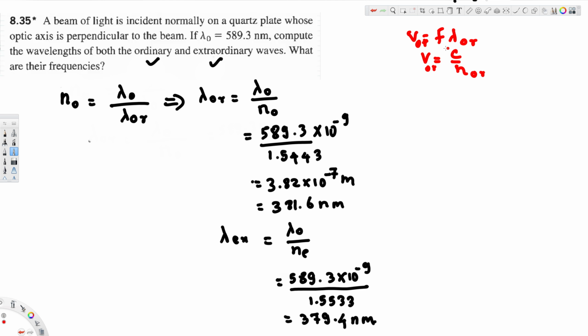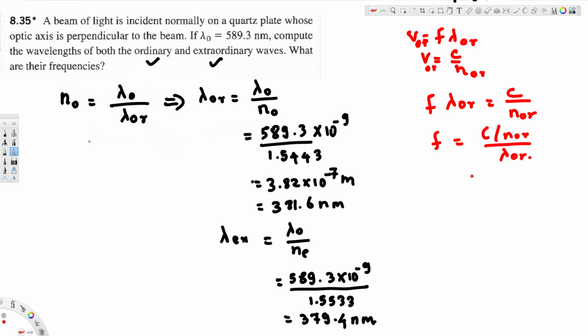Now since we are trying to find the frequency and velocity is not provided, we can equate these two equations. We can say f lambda ordinary is equivalent to c over n ordinary, right? Since we are trying to find the frequency, we can move lambda ordinary to the other side. That's going to give us f equal to c over n ordinary divided by lambda ordinary.